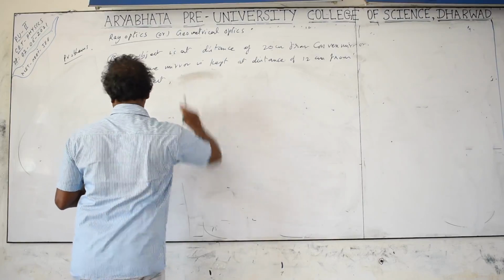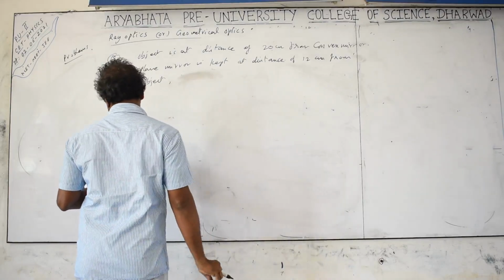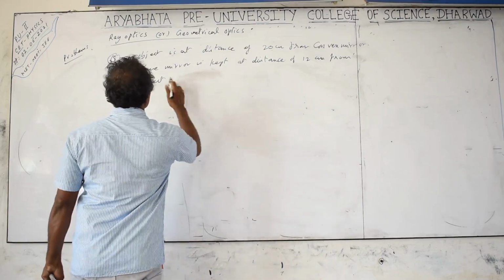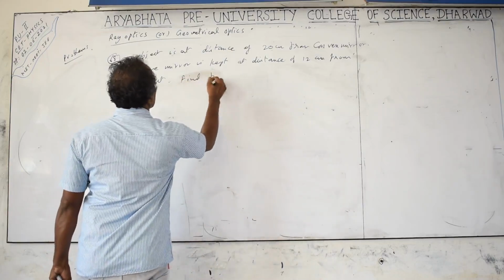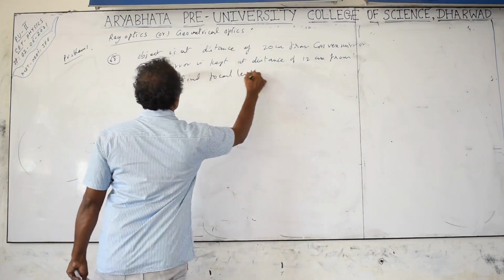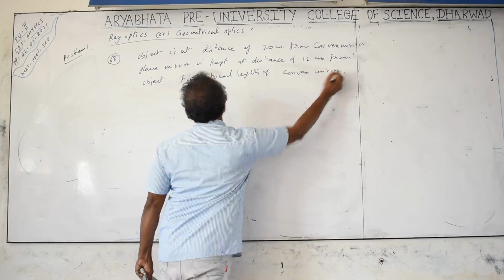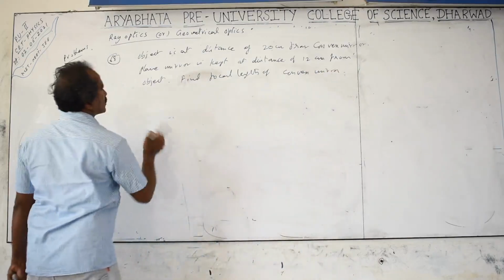Okay, I will draw the diagram corresponding to that. Find the focal length of the convex mirror. It is arranged such that the images of the two mirrors coincide.